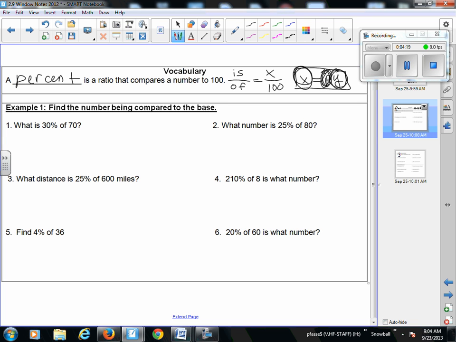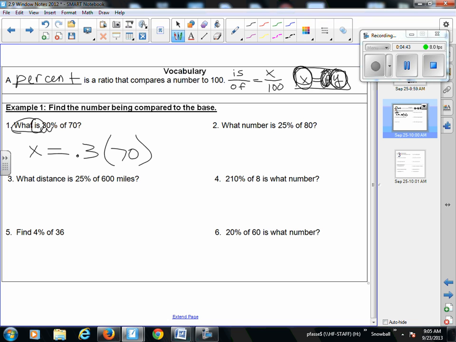So wherever the question is, that's simply where the variable is. What is what? Some number we don't know is x. Is, we always write is. 30%, we don't want to write as 30%. We want to write as a decimal, so we move the decimal place over twice, which gives us 0.3. Of is multiplication. So we have 0.3 times 70.